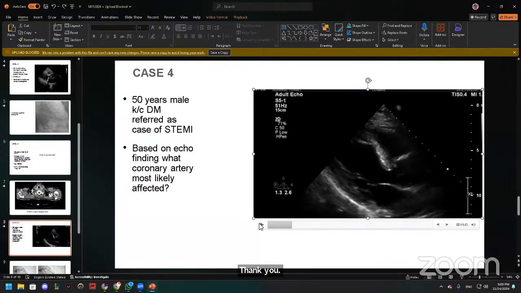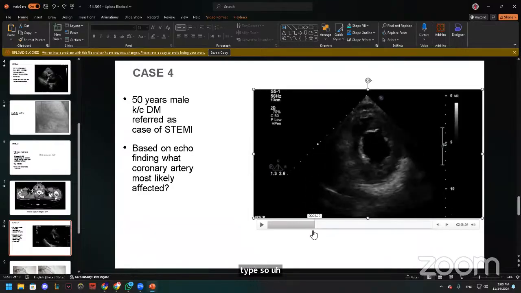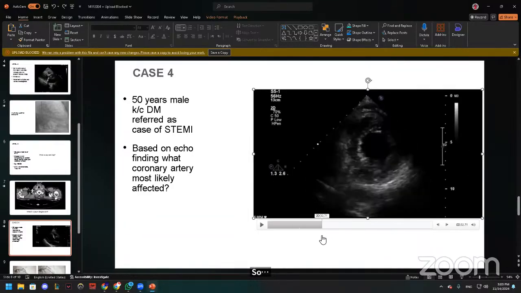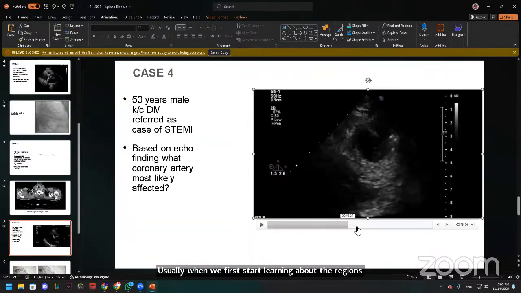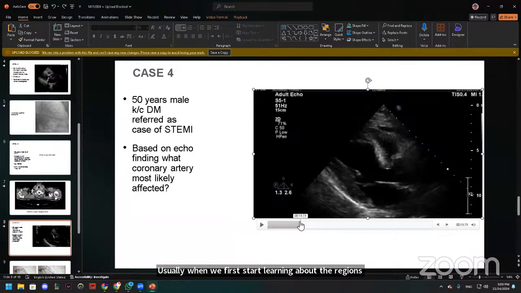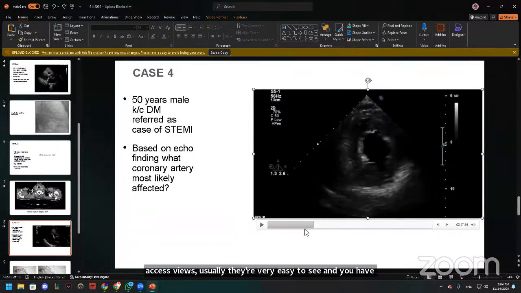Hold on, doctor. Usually when we first start learning about the regions or the territories of the myocardium, I think it's best if you start with the short axis views. Usually they're very easy to see, and you have a circle that will teach you that this is the anterior, this is the septal side, this is the lateral side, and this is the inferior.